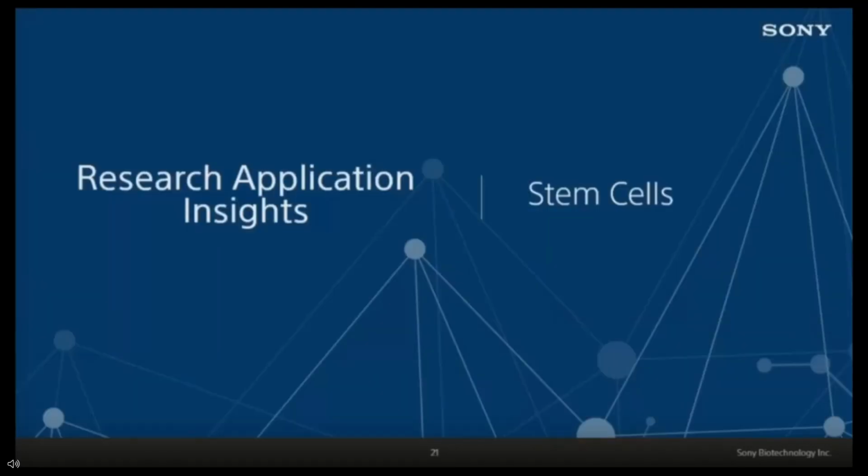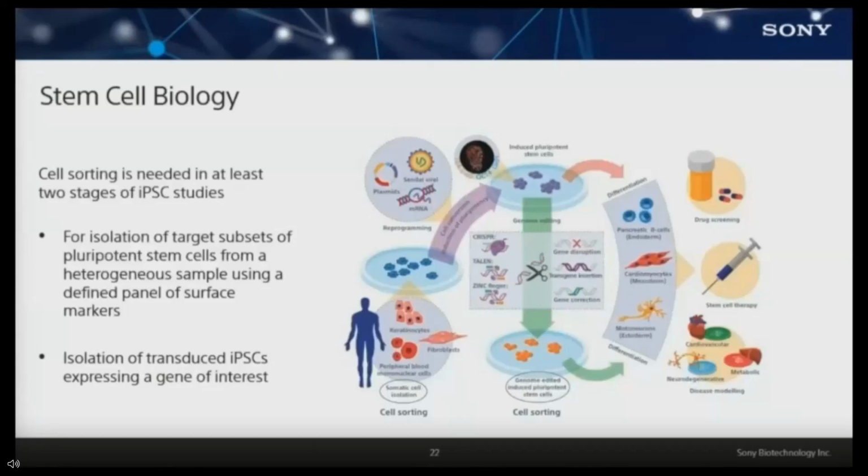Moving on to stem cells. Again, stem cell technology and certainly research has really blossomed over the decade or so. I think we're all exposed to this in bits and pieces in the literature. But, as you may know, a lot of times there are multiple sorts that need to occur for this application.